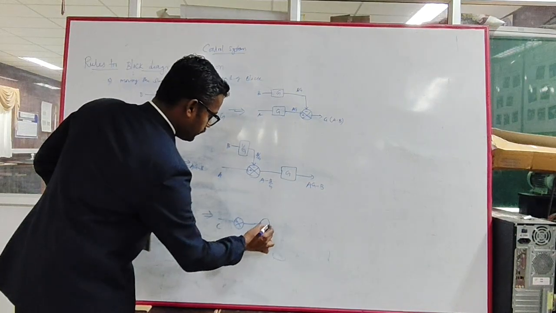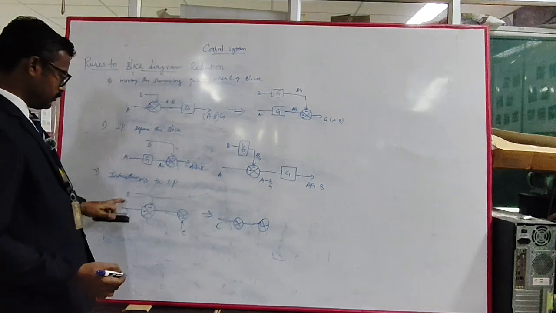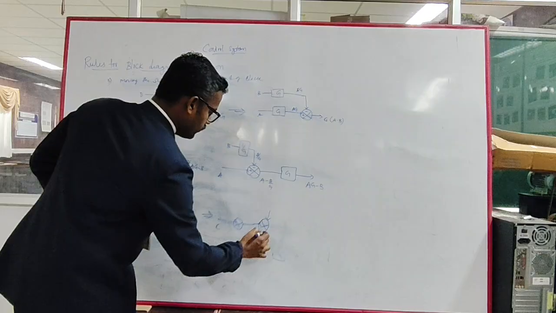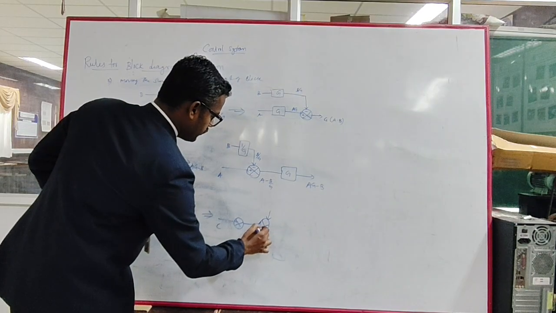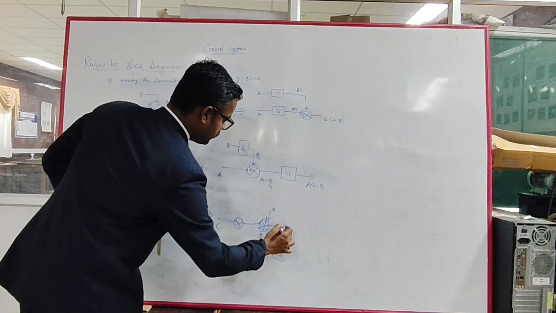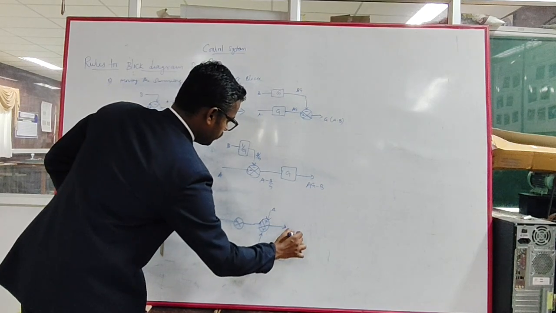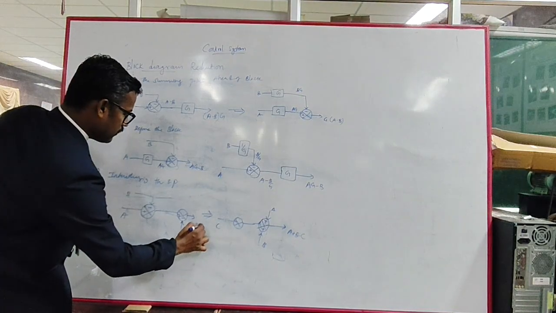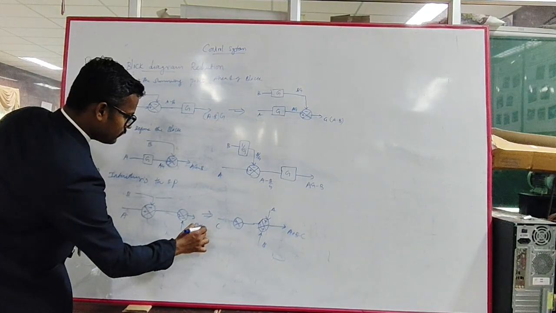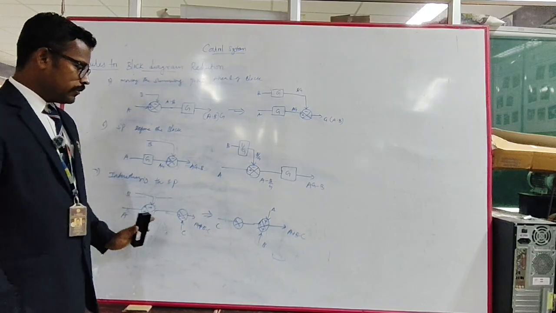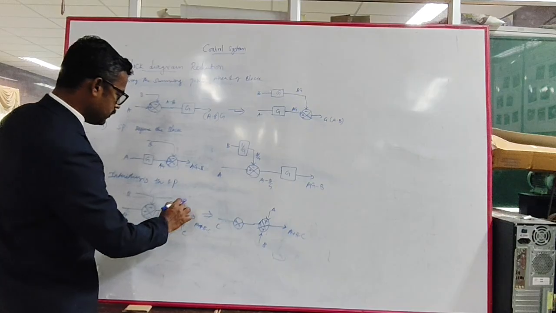The second summing point has two signals, A and B. I am adding both the signals, so I will get A plus B minus C, and here also I am getting A plus B minus C.